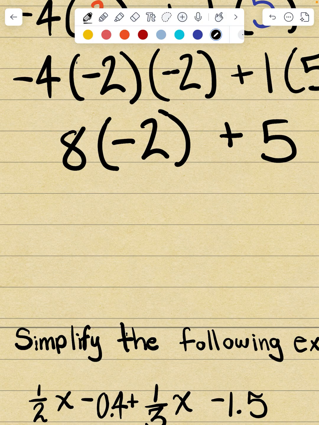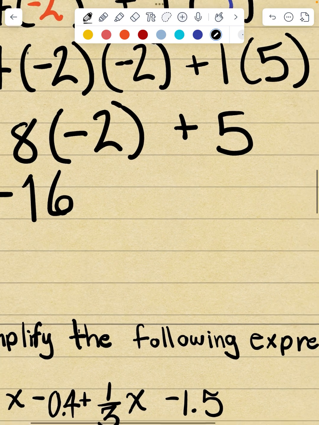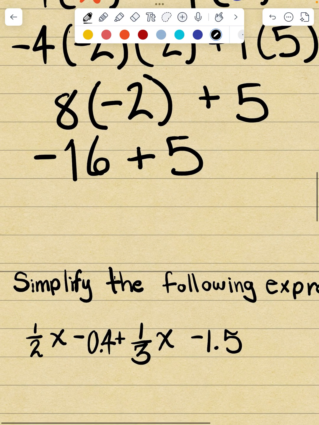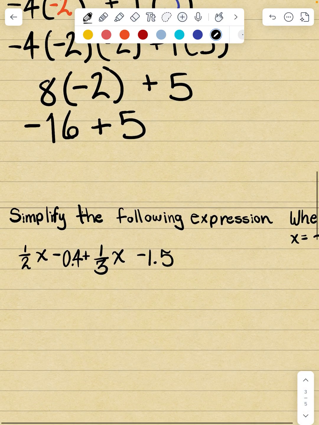Now we still have some parentheses, so we're going to multiply again. In this case, we have different signs, right? We have a positive and a negative, so we're going to get a negative sign, and 8 times 2 is 16. Then we get plus 5. Now that we don't have any parentheses, we can add these together. Again, you can use your number line.